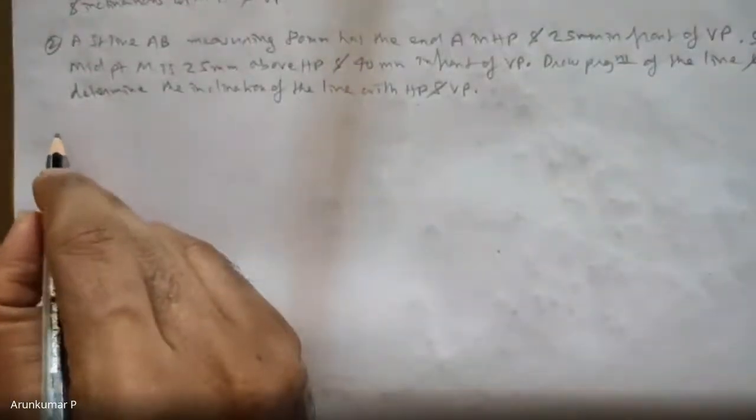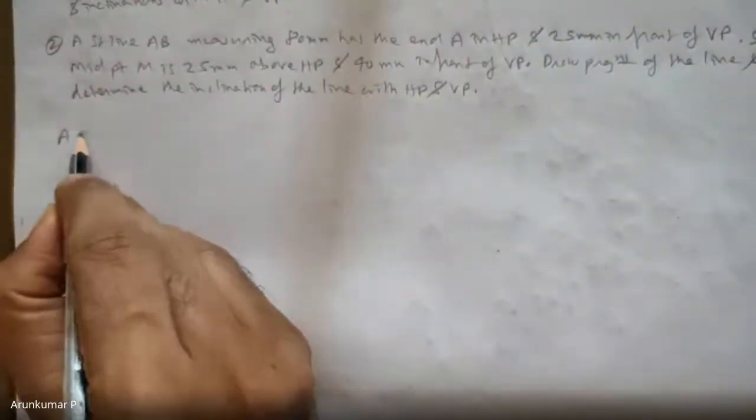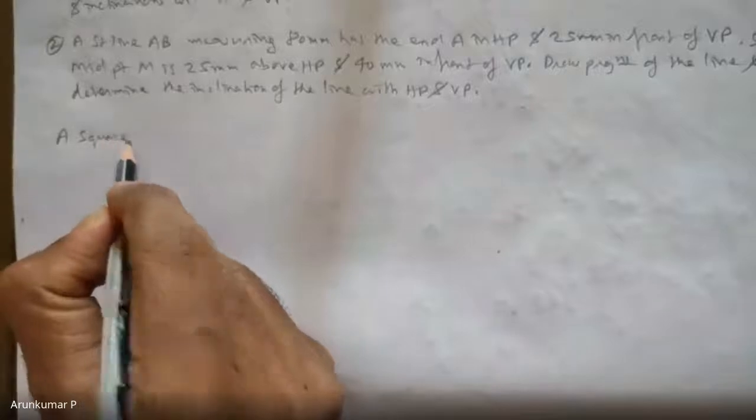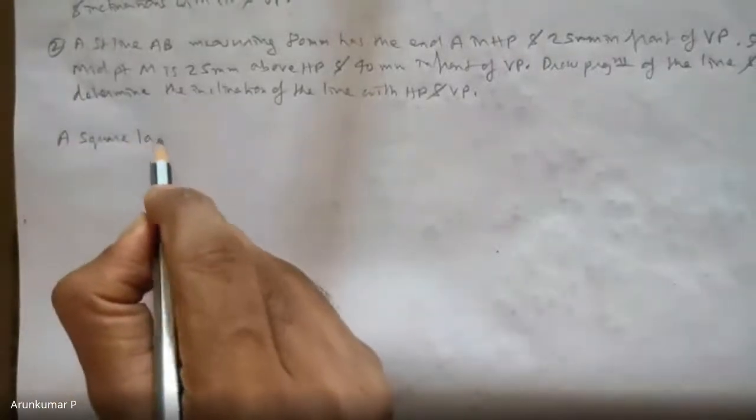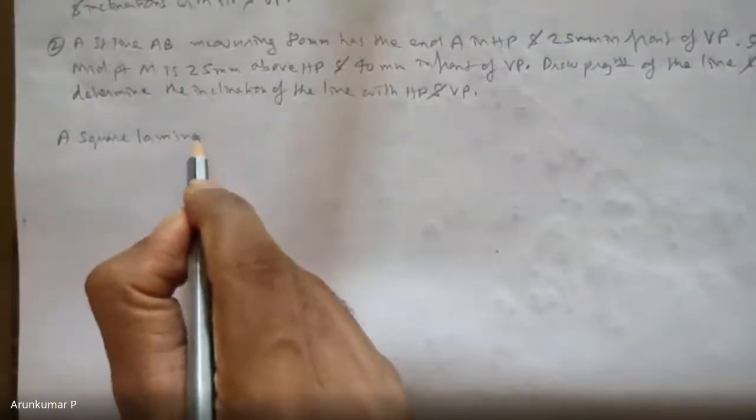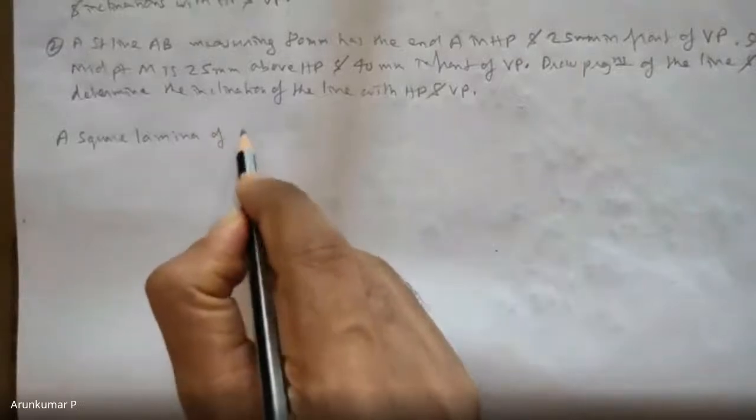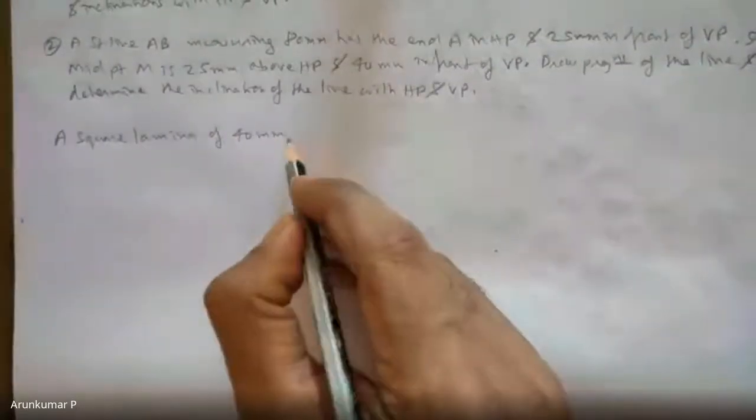Statement goes like this. A square lamina of 40 mm sides.